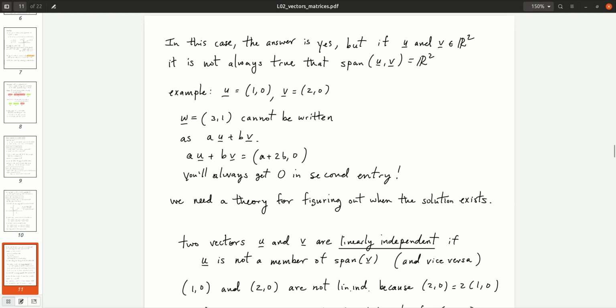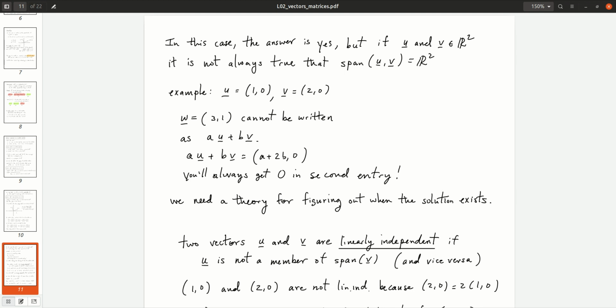You're always going to get a 0 in the second entry of this vector if you take a linear combination of u and v, which means you can't get (3, 1). So this is a case where the span of u, v is not equal to R2, because there are vectors in R2, such as w, that are not in the span of u, v.